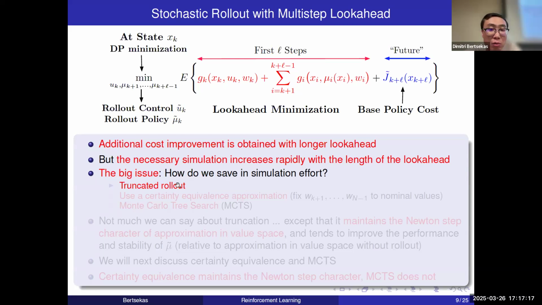One possibility is truncated rollout. As I mentioned earlier, instead of running the base policy all the way till the end, we may run a few steps, after which we plug in some cost function approximation, just like TD-Gammon. The other possibility is to use certainty equivalence approximation, whereby for wk we still consider its various values and compute the expectation, but for all the subsequent stages we use some nominal values of wk plus 1 until wN minus 1.